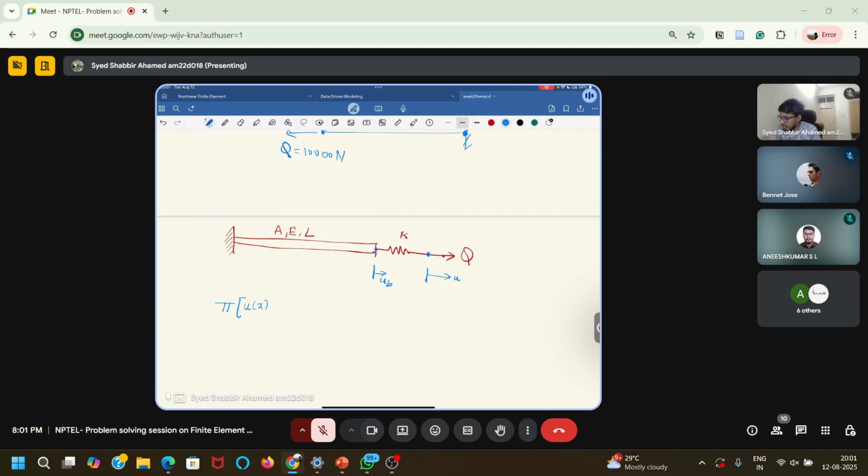So in that, you can define the potential energy phi, or u, because there is a bar and there is also a spring, right?